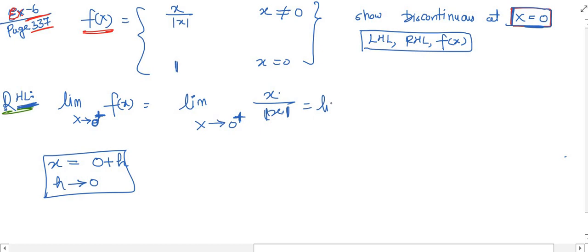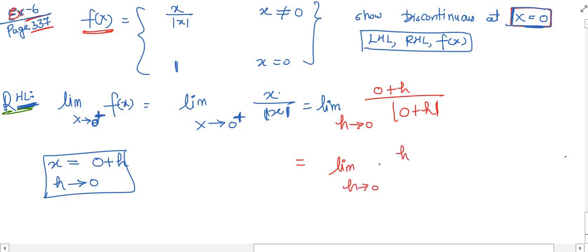So this will be equal to limit, the limit will change when we are using the h method. So this will become h is tending to 0, 0 plus h in numerator by 0 plus h in denominator. So this will be 0, 0 plus h is h only, and mod of h.